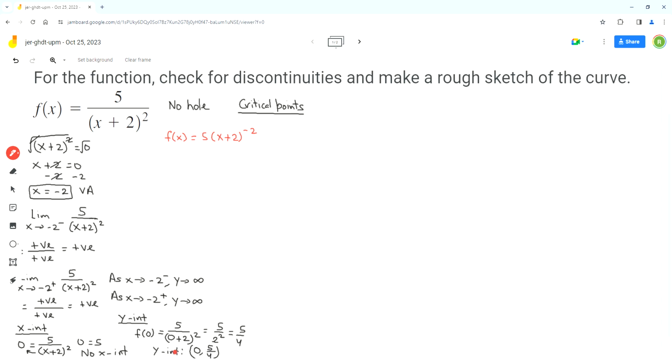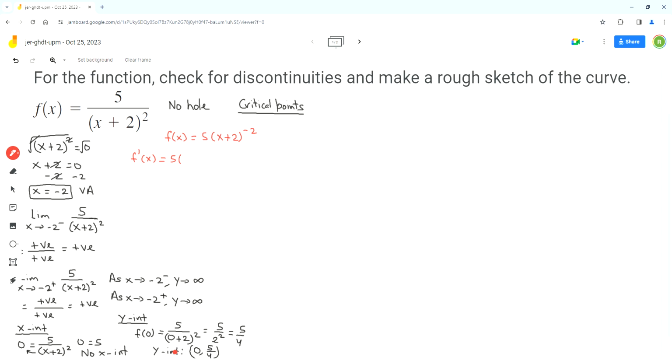Now we can find the derivative of this function using the chain rule. In this function, there is an inner function x + 2, and the outer function is the exponential function with the exponent -2. So f'(x): 5 is the coefficient of this term, so it will stay as it is, times the derivative of the outer function.